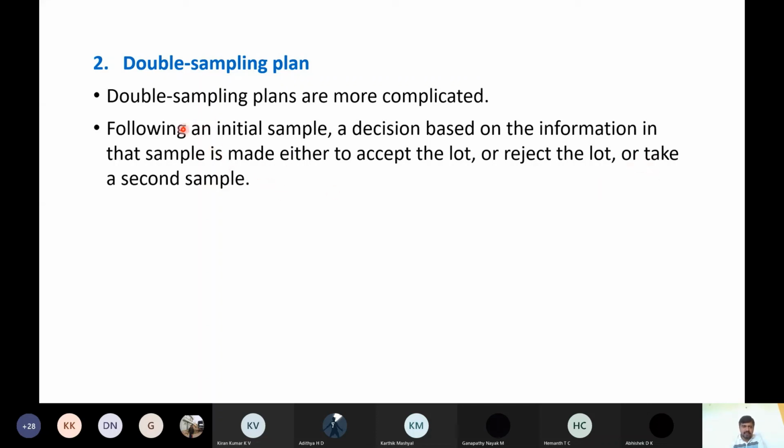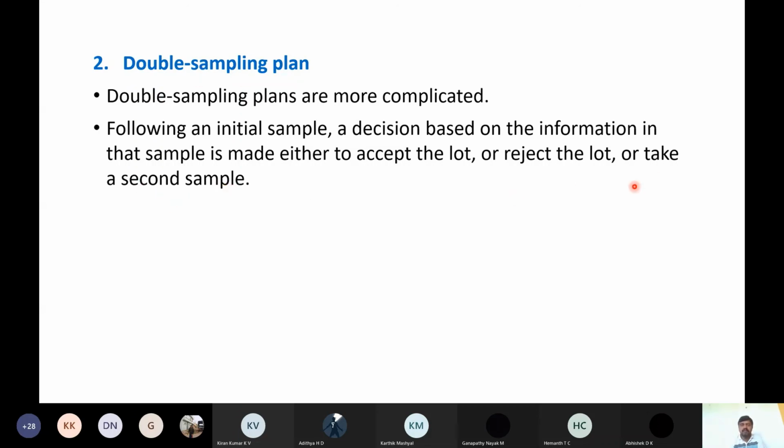After taking a sample once, if you don't have enough information, or if it is not possible to come to a conclusion regarding whether to accept or reject, then you can go for taking a sample once again. In this case, double sampling plan is suitable.